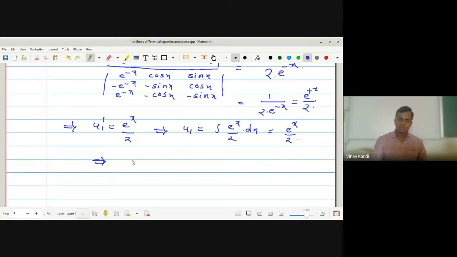Which implies u1 is equal to e raised to x upon 2.